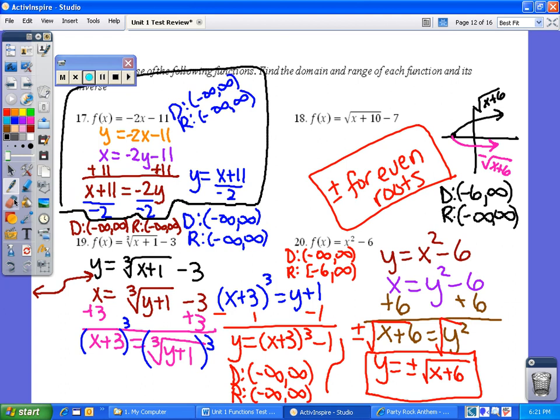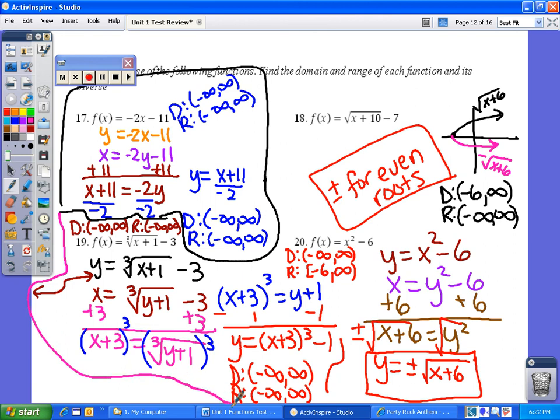Oh, yeah. So this is 17's answer. I know it looks like a big old mess. This is the answer to number 19.